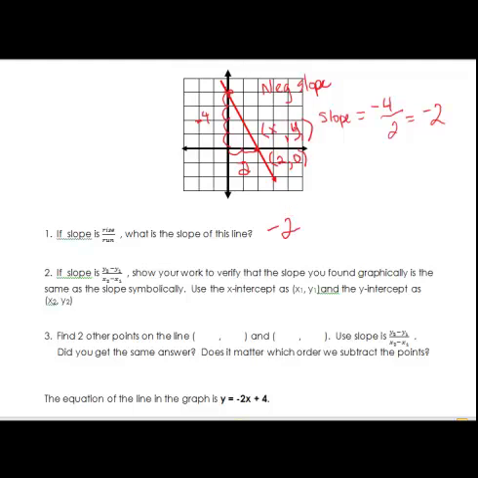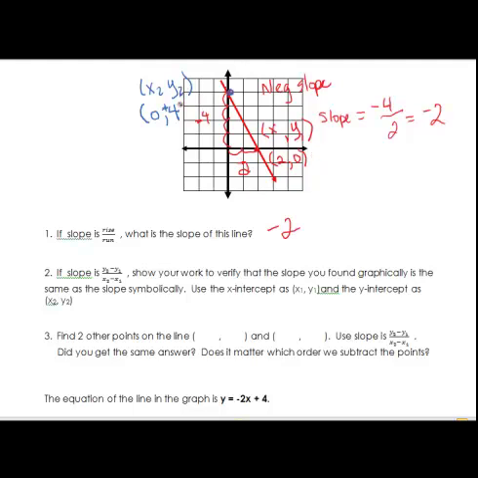And then this point up here, we're going to call this one x2, y2. And we also know in reality that that is a y-intercept. So we go 0 in the x direction and to positive 4 in the y direction. That point is 0, 4. And that means that x2 will be 0 and y2 will be 4.